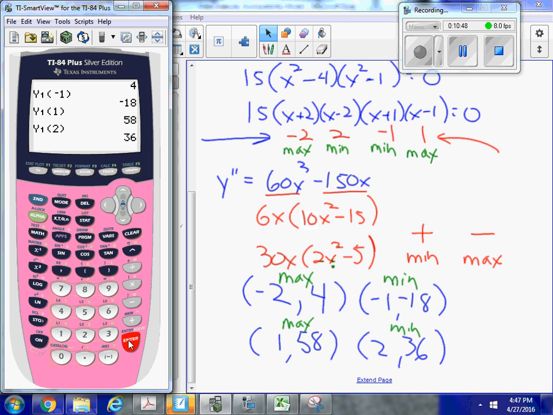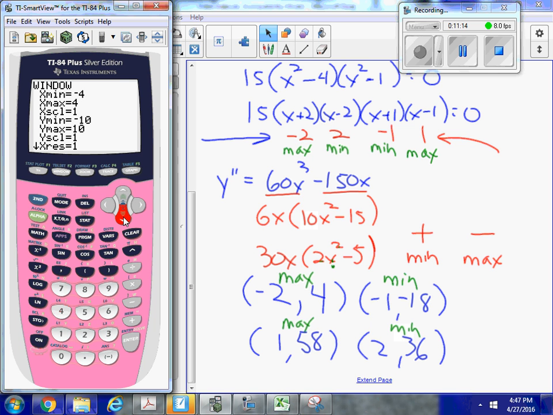Well, let's graph the function. Zoom 6. Kind of crammed in there, hard to see. But what I'm going to do is this. I'm going to change my window. And I'm going to go from like negative 4 to positive 4, because I know all my action is happening between negative 2 and positive 2.